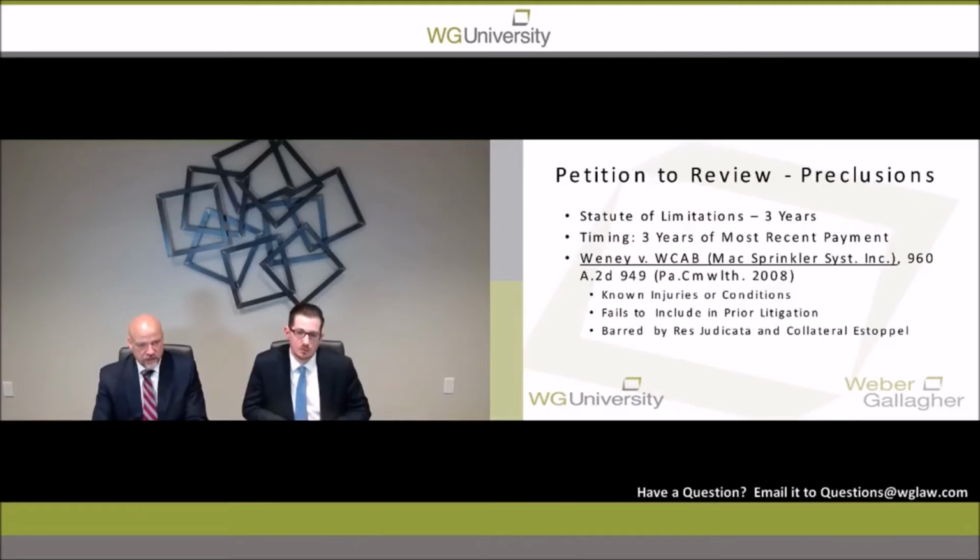That litigation ended by a stipulation and agreement by the parties, and then there was a subsequent round of litigation where the injured worker then alleged, well, my injuries were broader than what we acknowledged during the first round of litigation. The courts ultimately have said that you're barred from bringing a subsequent action. If you don't raise the issue of description of injury in the first round of litigation, you can't bring it up at a later date.